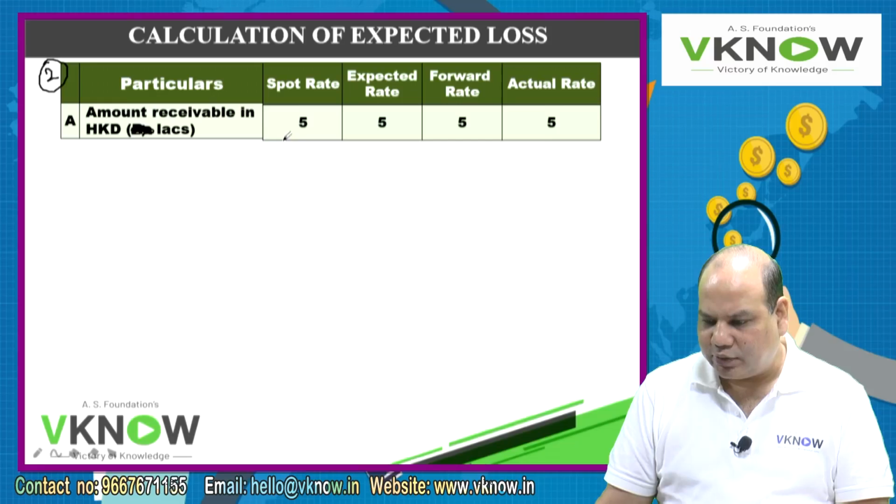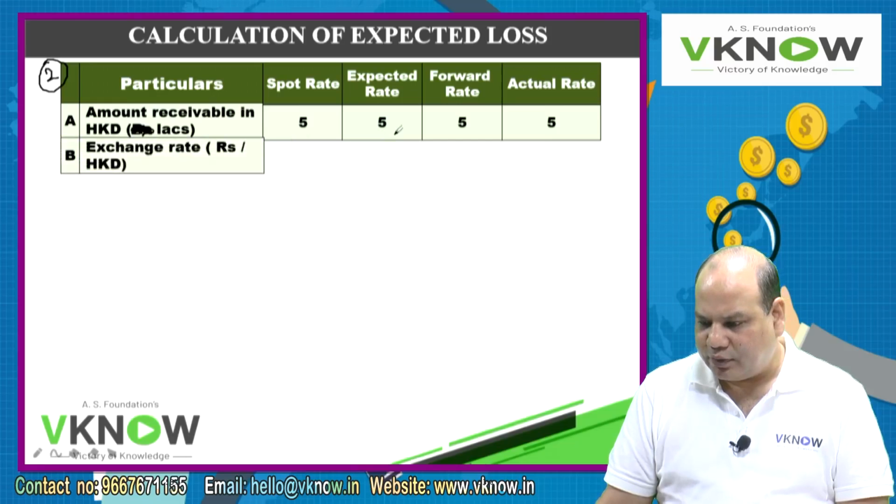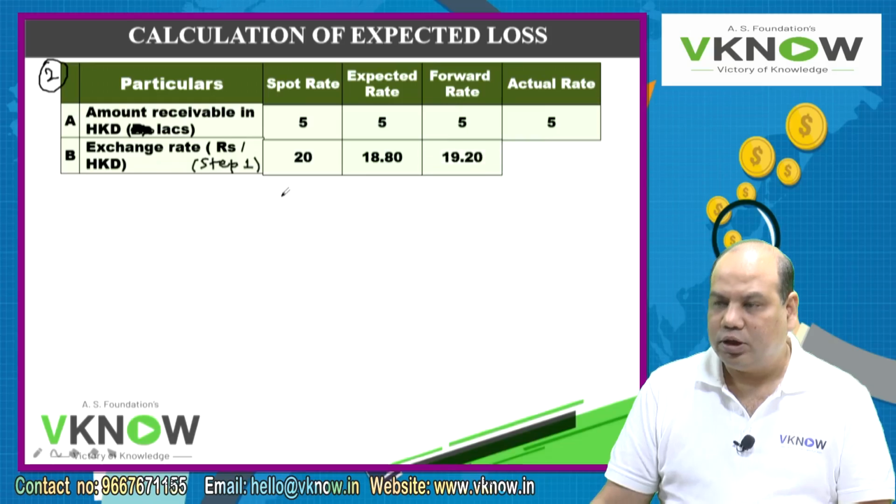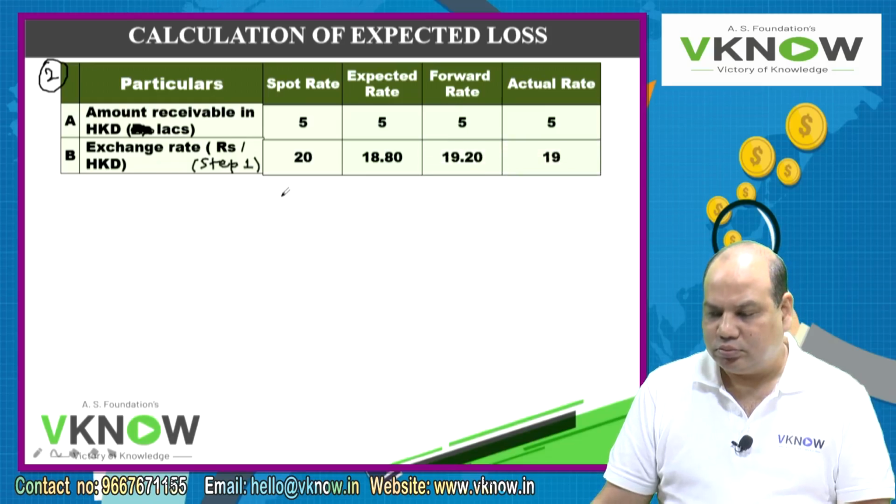These figures are in lakhs. 5 lakh HKD in each column. Point number B, exchange rate, rupees per HKD. If possible, always write down the source of that information. From step 1, last column: 20, 18.8, 19.2, 19.